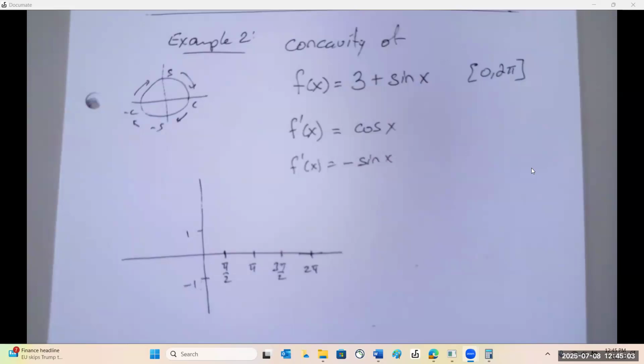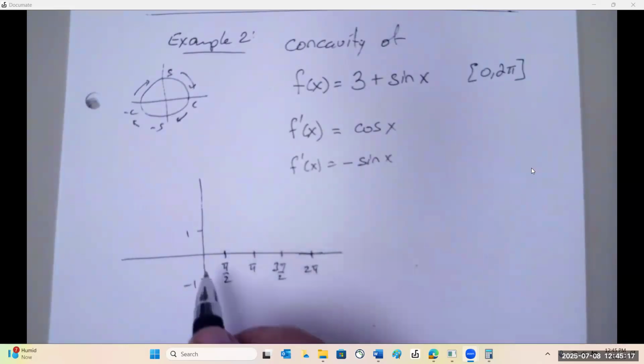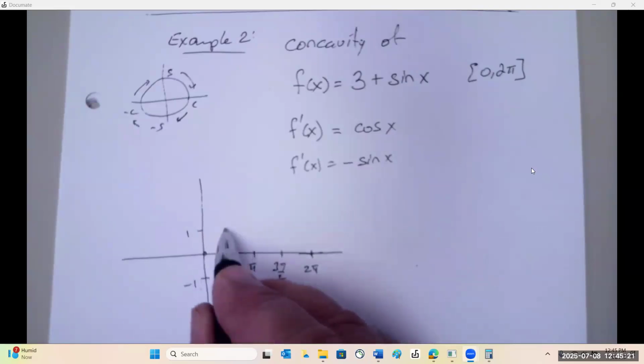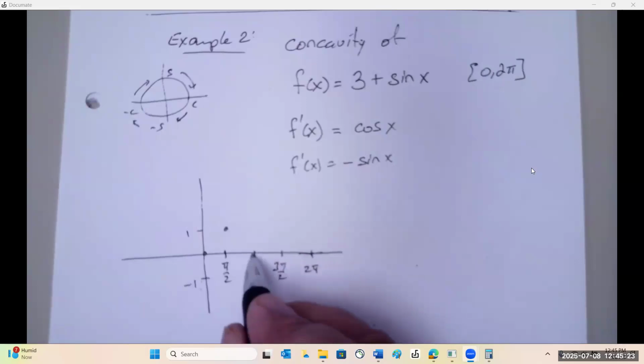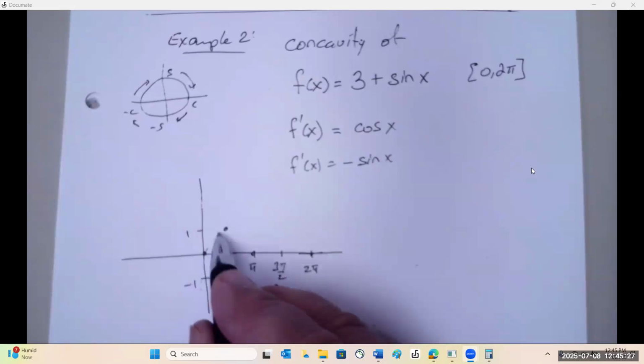So the sine function looks like what on 0 to 2 pi? At 0, sine is 0. Sine at pi over 2 is 1. At pi, negative. So it looks like this.